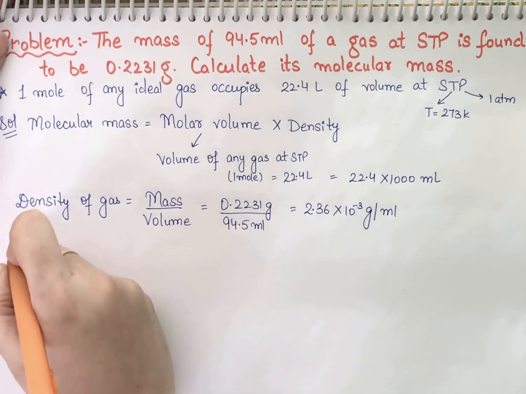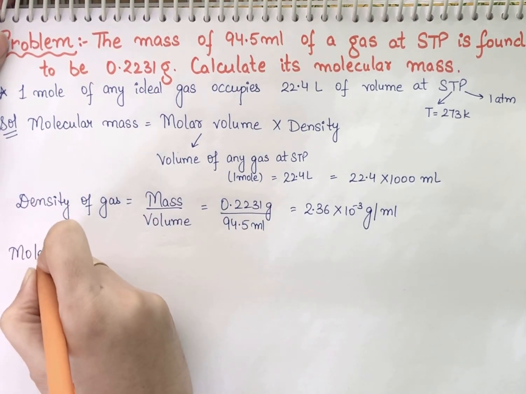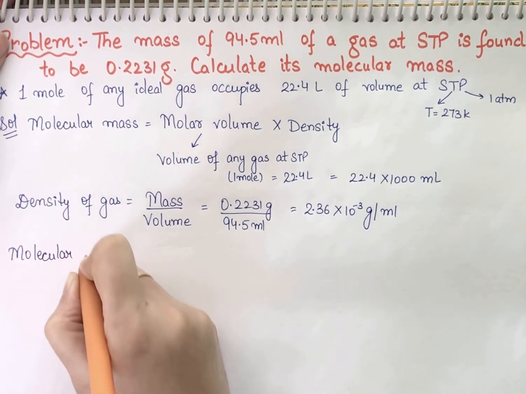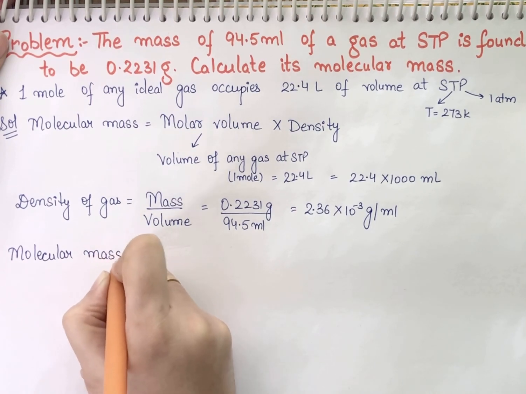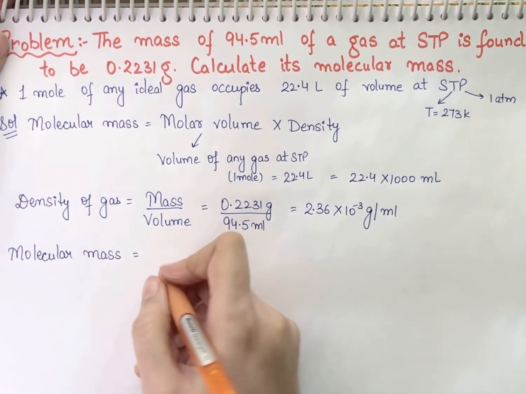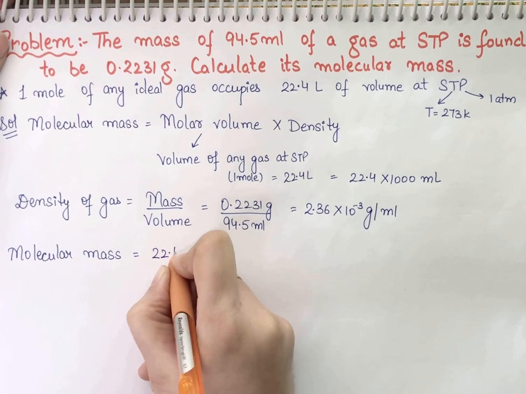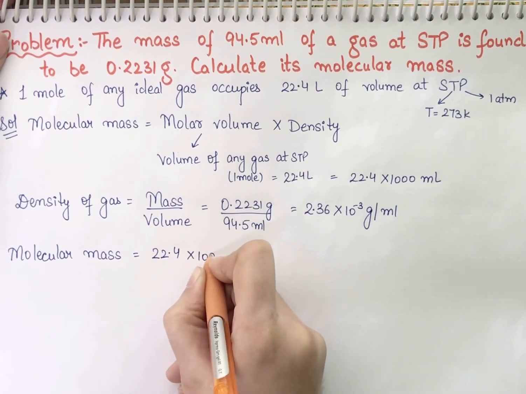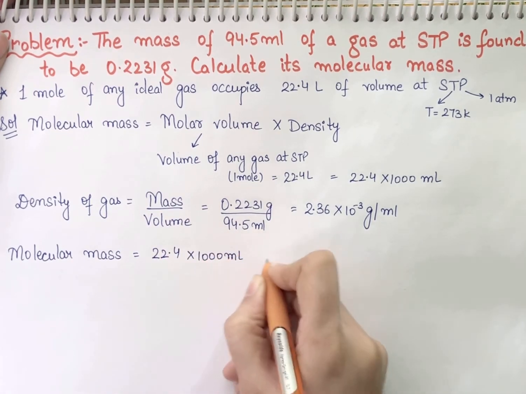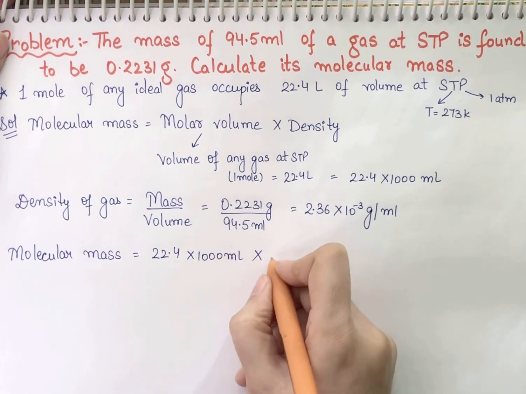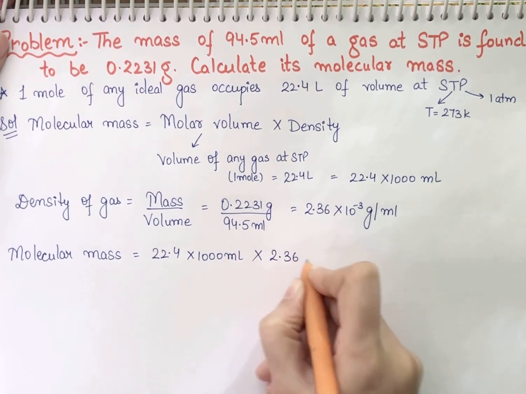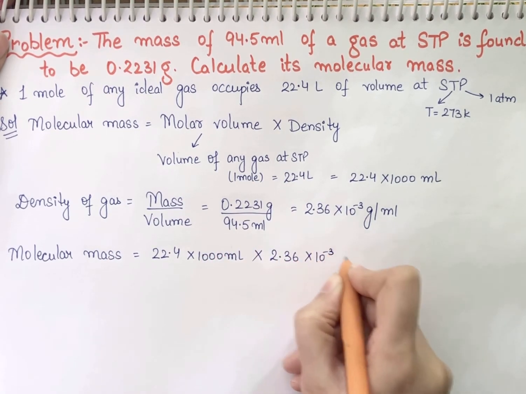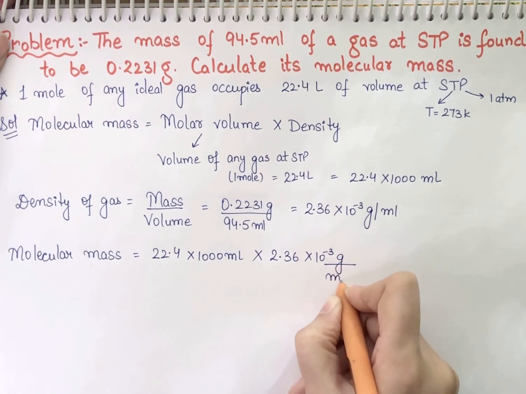So I can say molecular mass equal to molar volume, that is 22.4 into 1000 ml, right, into 2.36 into 10 raised to power minus 3 gram per ml, that is the density.